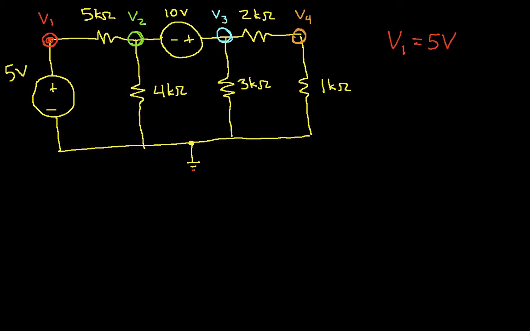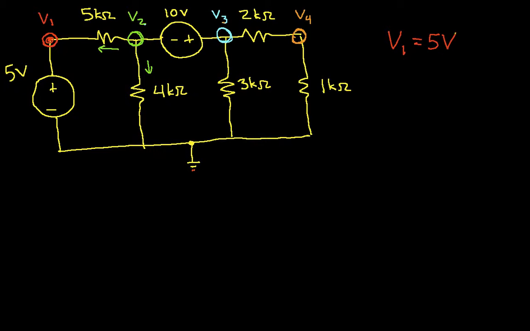We would like to apply Kirchhoff's current law at node 2, basically looking at the current leaving here and the current leaving here, but unfortunately we don't know what current is going to go through this 10-volt source.